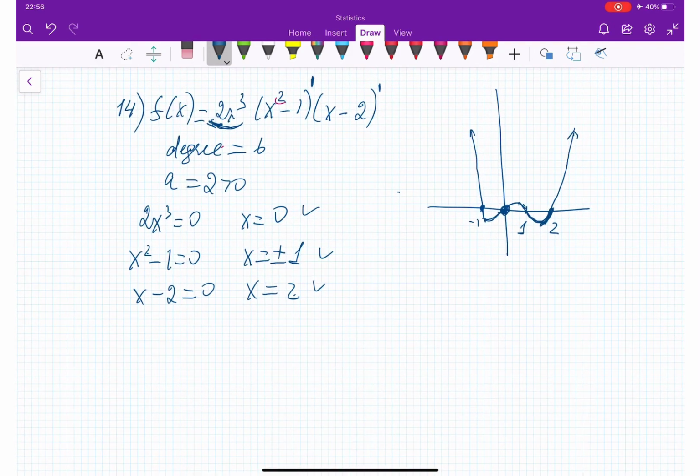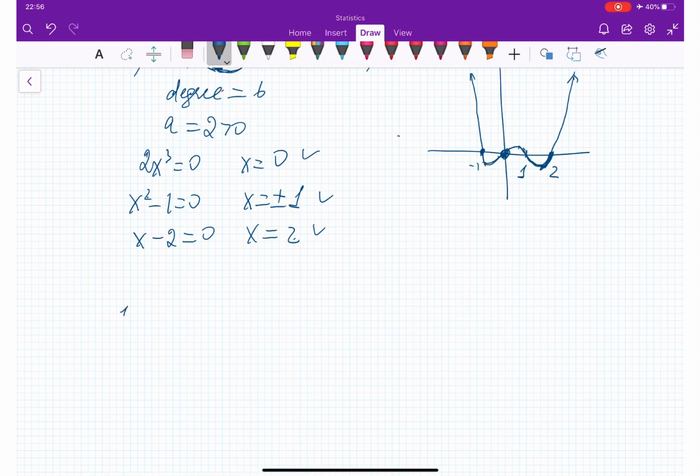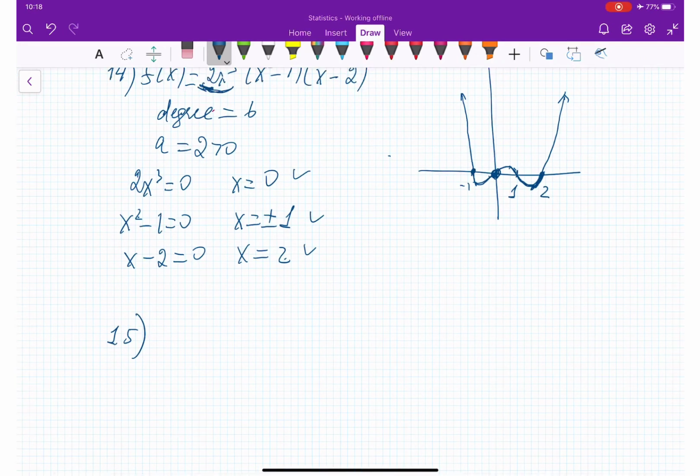Question number 15. Okay, so what do we have? We have f of x is equal to 4x squared minus 2x minus 3.